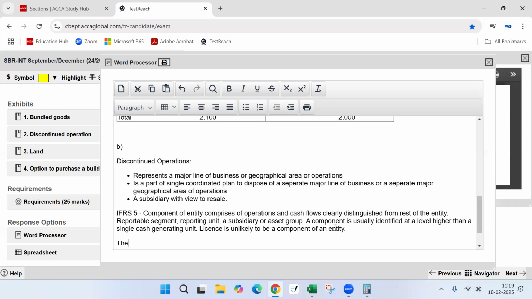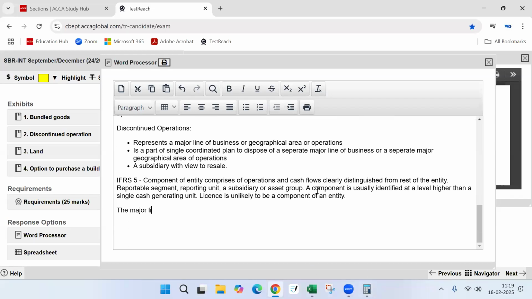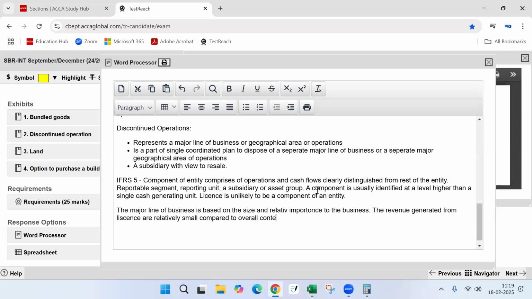Right? Second, the major line of business is based on the size and relative importance to the business. The revenue generated from license is relatively small compared to the overall context of the business.